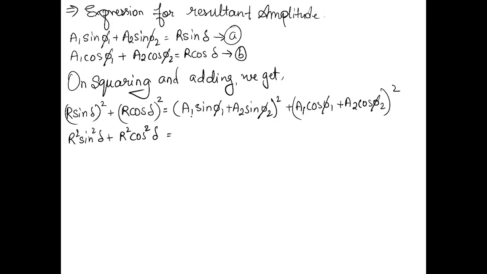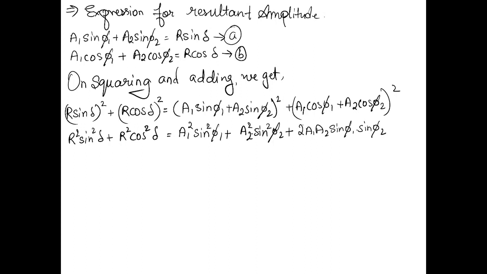So what will this be equal to? If you take the square on both sides, it will be A1 square sine square phi 1 plus A2 square sine square phi 2 plus 2 A1 A2 sine phi 1 into sine phi 2.